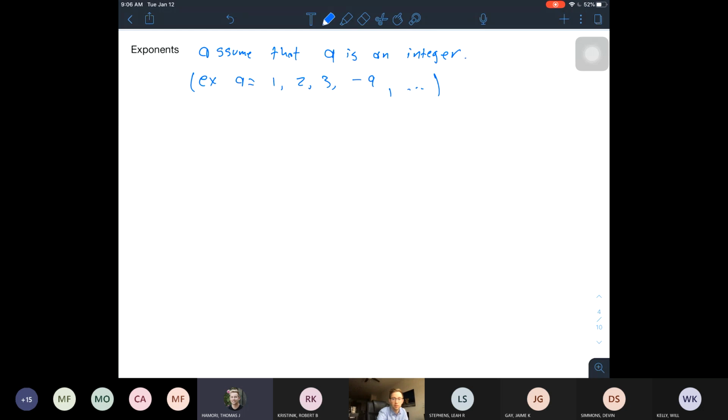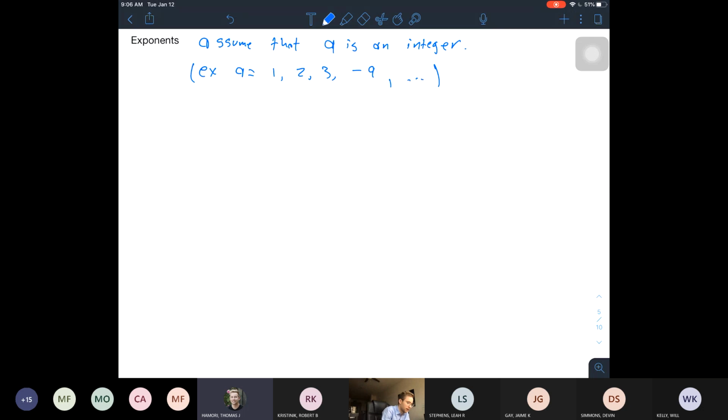That's what an integer is: whole numbers, possibly negative and possibly 0. Then we define x to the power a, so for example x to the power 2 or x to the power 3, in the following way.